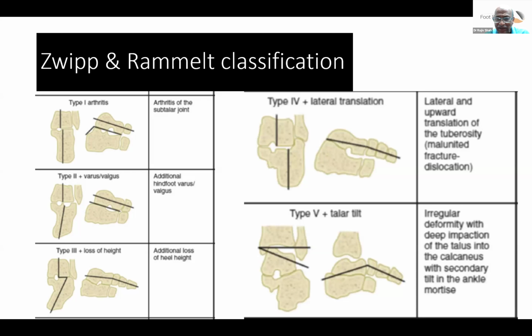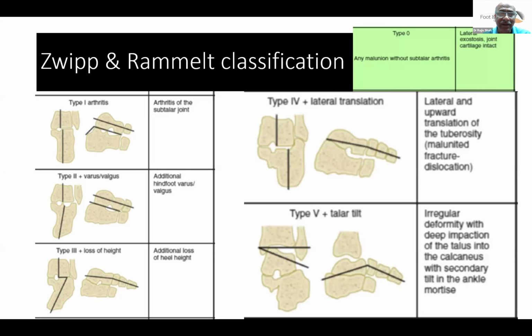Type 4 was lateral translation. Type 5 was with the inclusion of the ankle. And type 0 was any malunion without subtalar arthritis. When we tried to classify our 98 calcaneus malunion cases with both these classifications, we failed miserably.